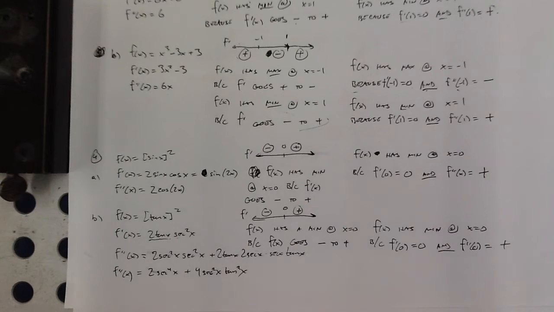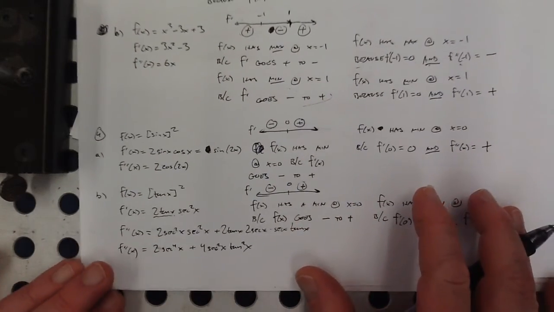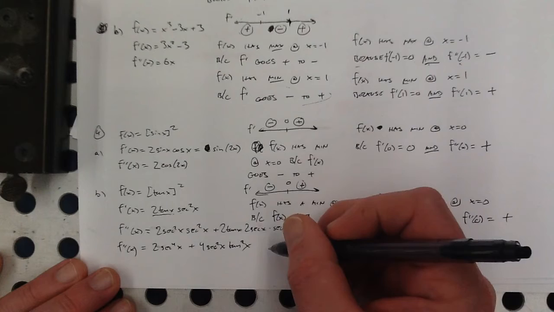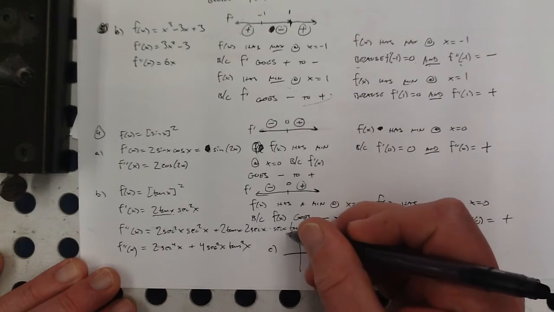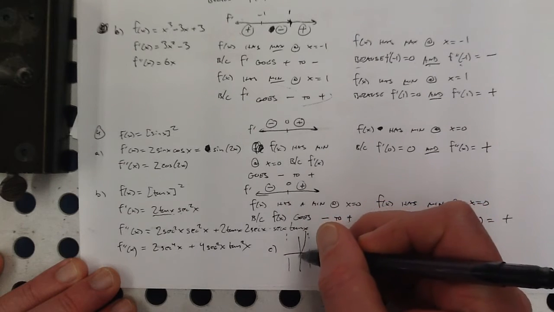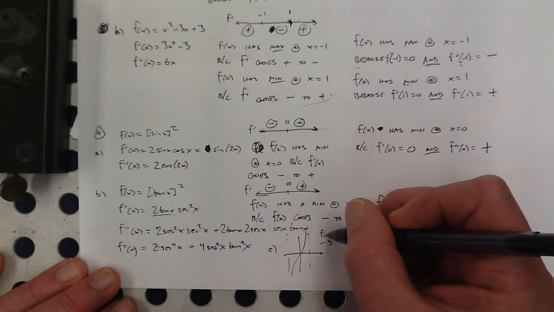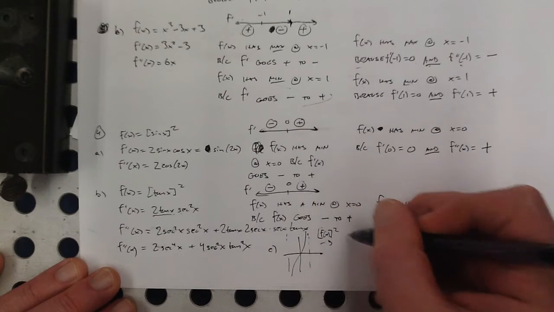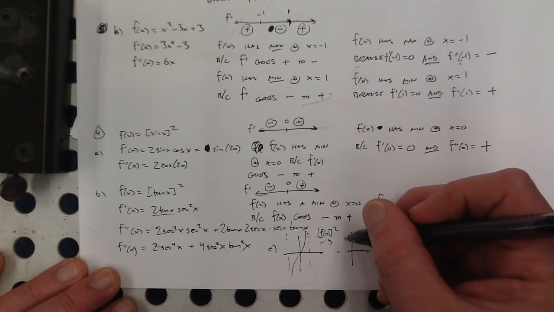Yikes. And then what about part C? Give an informal verbal argument to explain without calculus why the functions in part A and B have relative minima at x equals 0. I don't know exactly what you would want to say, but you could say something like, if this is the tangent function, if the tangent function looks like this, then tangent squared is going to take all these negative values and flip them up.